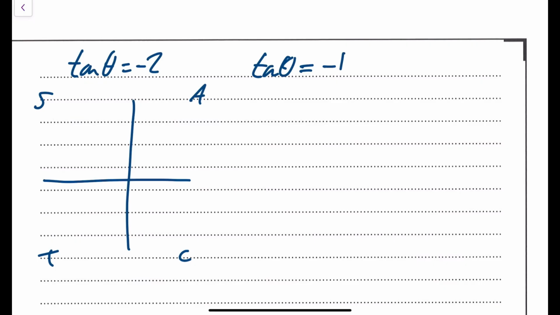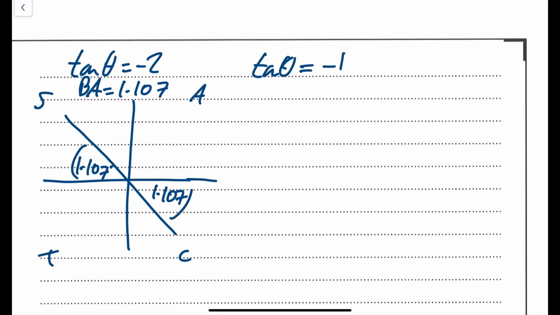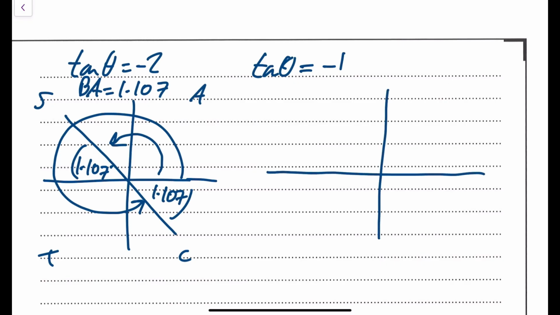So if you do your basic angle, first of all, you'll get 1.107, and it was negative, so it's going to be in here and in here. So that's 1.107, 1.107. And we're going round to here and all the way round to here. And for this one, that's a nice one.